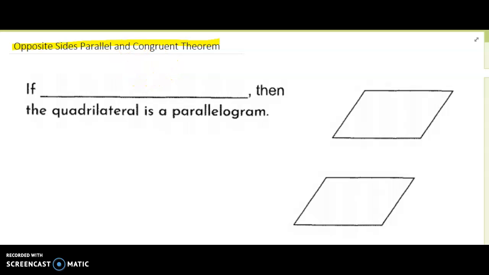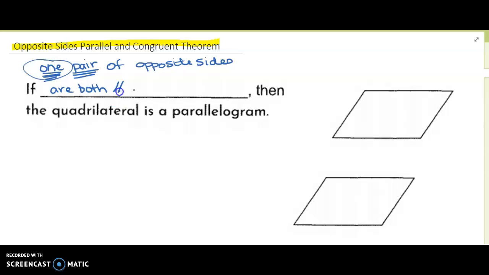This theorem tells us that all we need is one pair of opposite sides that are both parallel and congruent, then it has to be a parallelogram.